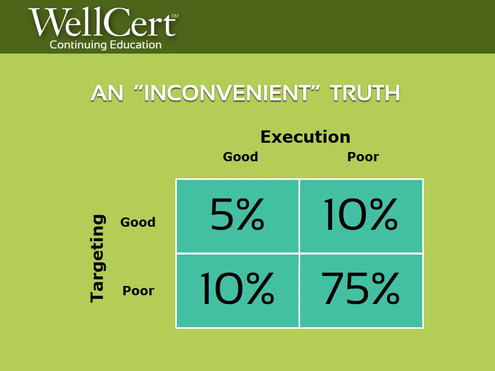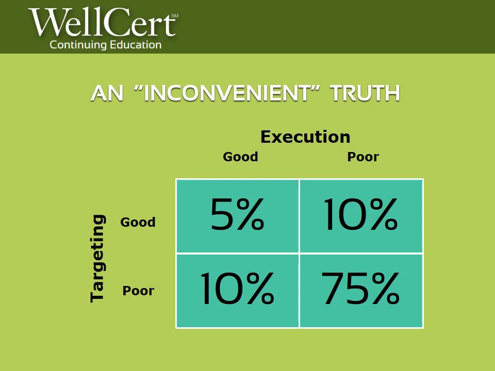The same thing is true in the upper right-hand corner of the 2x2 analysis. And that would be if their targeting is good and they are doing that correctly, but their execution and implementation is poor, then we need to work with them to actually get those activities improved in terms of execution.